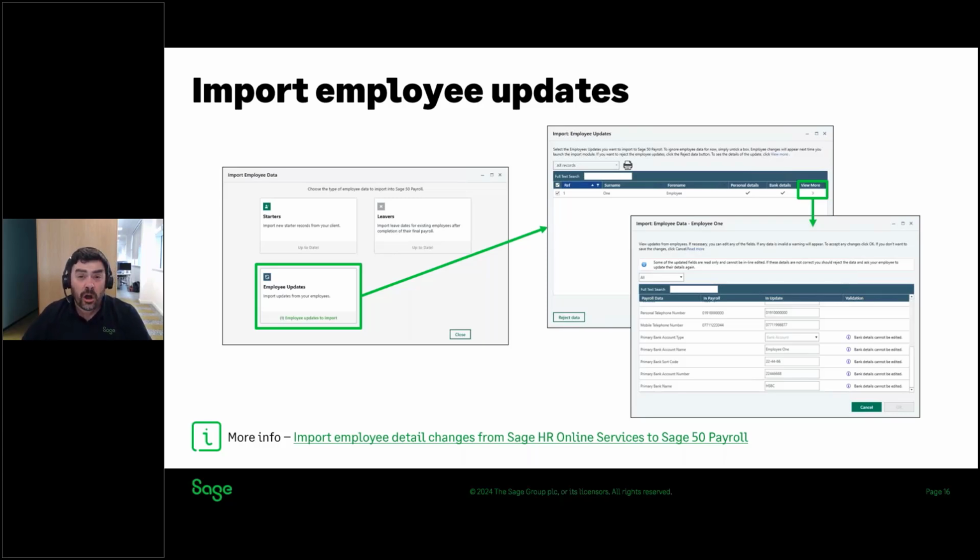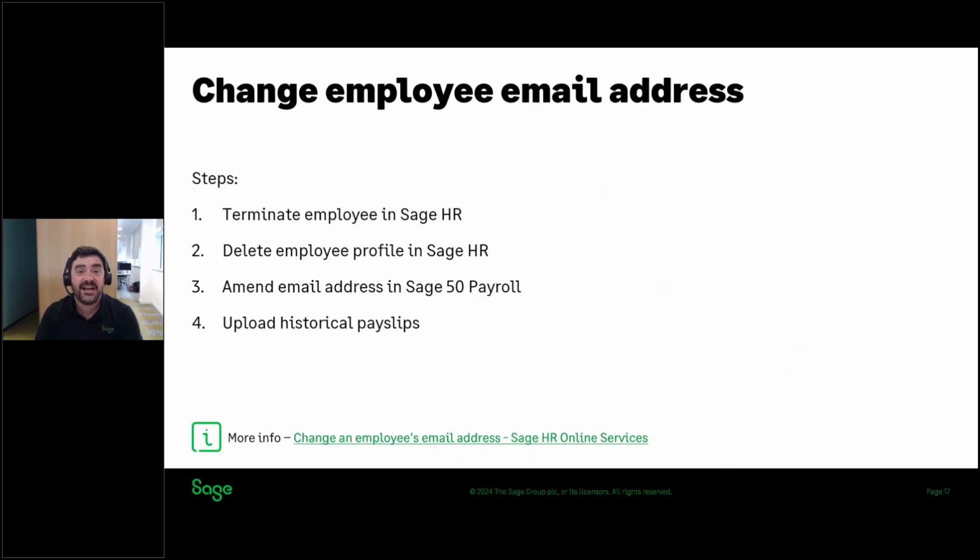Now, one thing that can't be changed using this process is an employee email address. There is a specific process you need to follow to update an employee's email address, which involves removing the existing profile with the old email address from Sage HR. You do that by terminating the employee and then removing that record in HR.